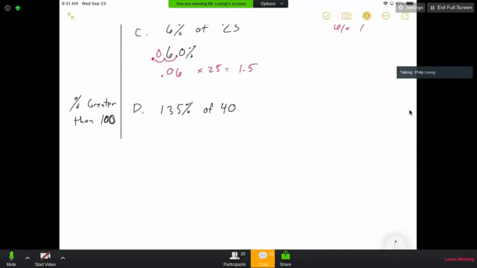Well, again, same process. Find the decimal. The decimal is not after the 1. It's not after the 3. It's after the 5. This is the same thing as 135.0, right? So when I move it, I have to move it 2 spaces to the left. 1, 2.